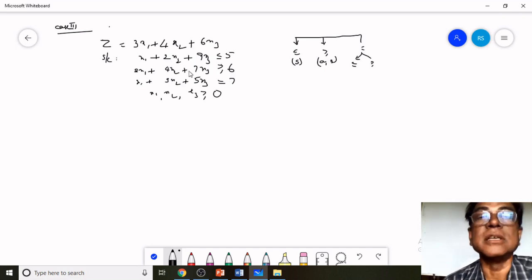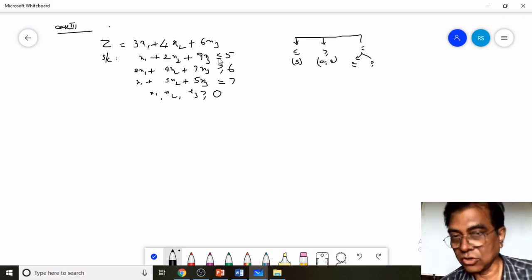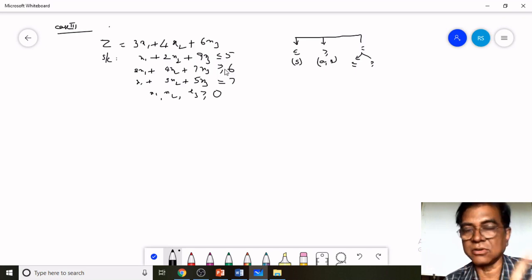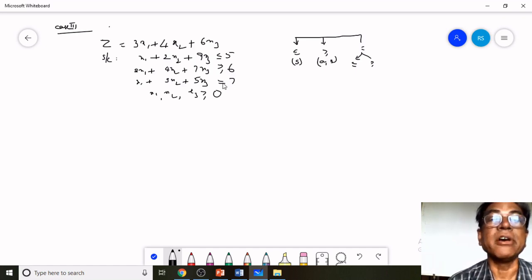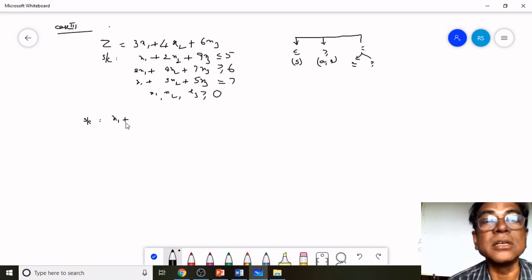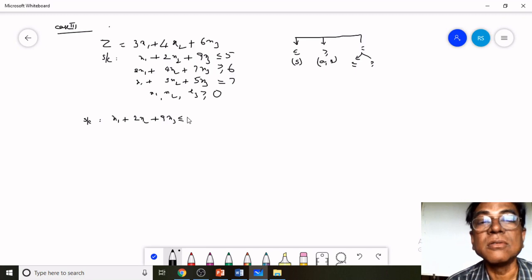Now see, this first equation is less than or equal, it's no problem. The second equation is greater than or equal, it is given in a proper order. But the third equation is not given in a proper order, it is given in an equal to form. Now first of all convert the first equation. So subject to constraint, please convert like this: x1 plus 2x2 plus 9x3 less than or equal to 5.